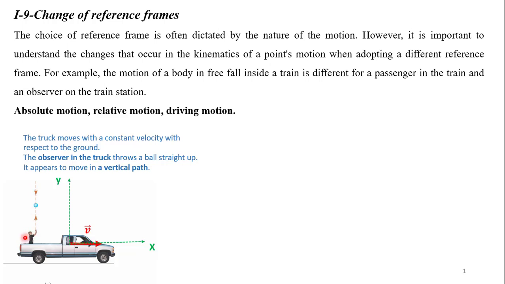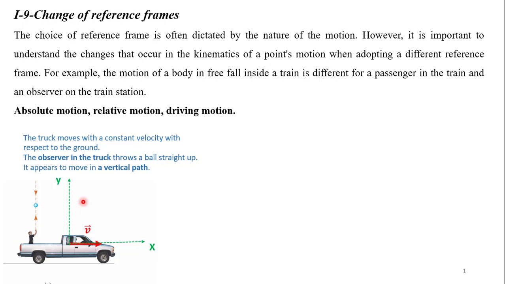For the child, or for any observer on the truck, he will see the ball going up and down in a vertical path. So here we are considering the reference frame related to the truck, or to the observer in the truck. Let's consider OXY like this.